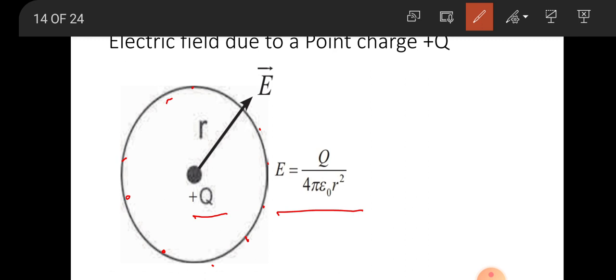Now, what is the electric field produced due to this point charge that we are going to find now?